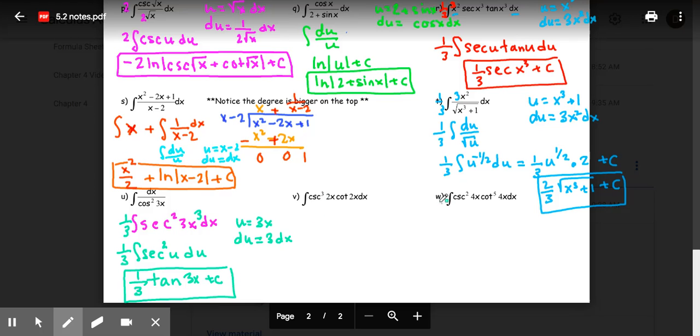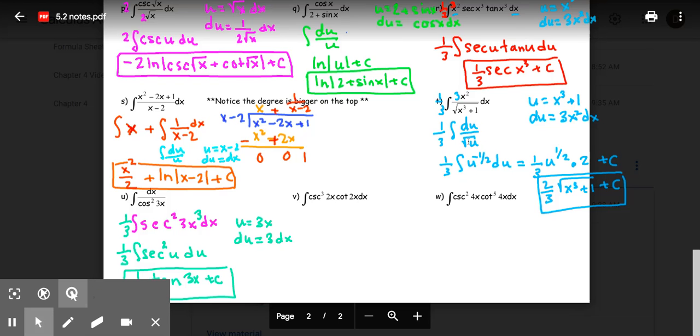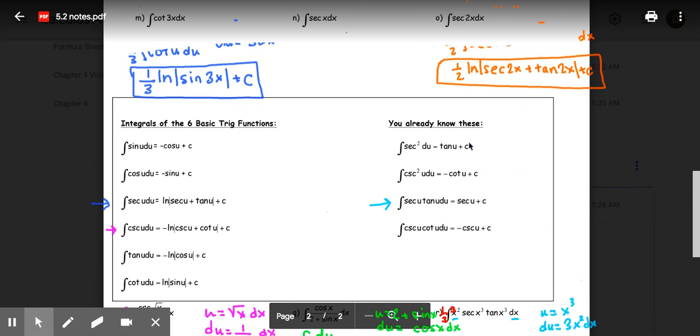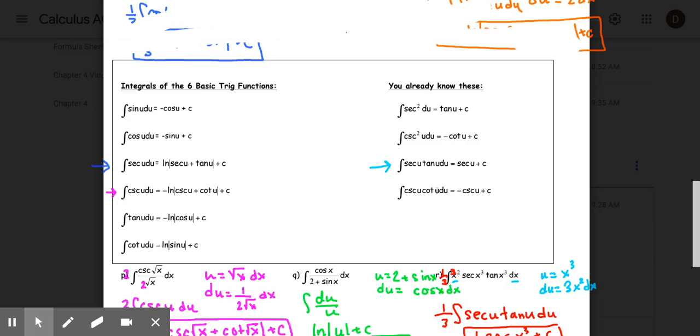And V and W are old problems. They were on your 4.5 quiz and they were on your chapter test, but I wanted to go over them again. These do not look exactly like any of these formulas up here. We have cosecant cotangent up here. It's not cosecant to a power like it is down there. Same thing with the last one.